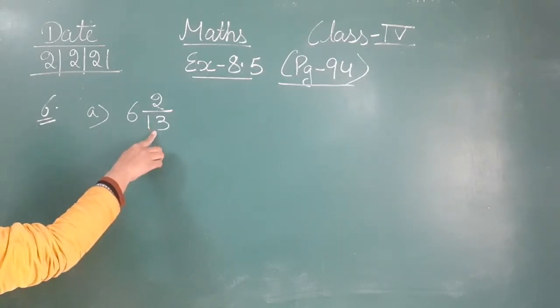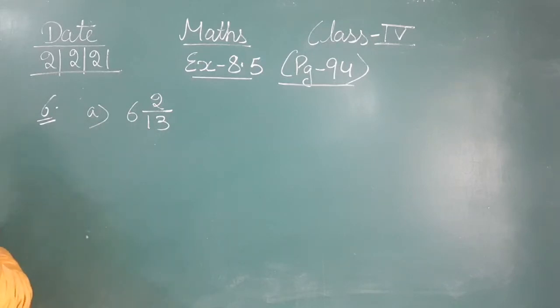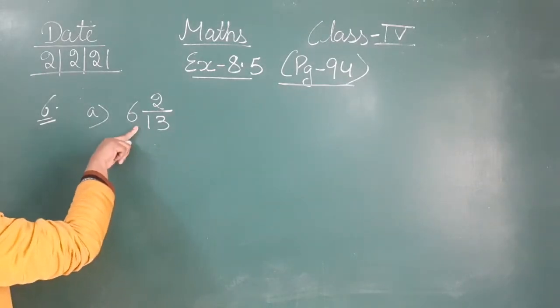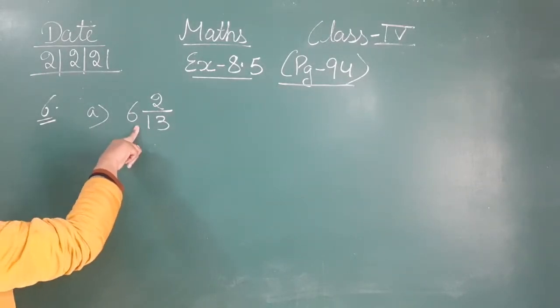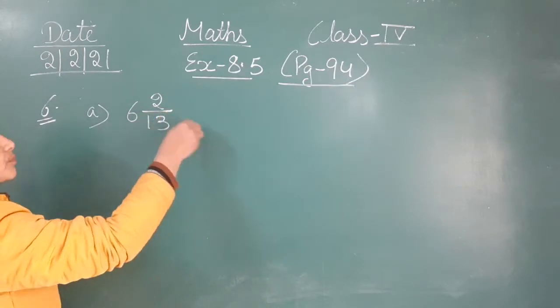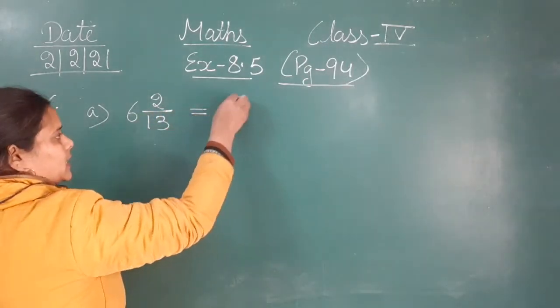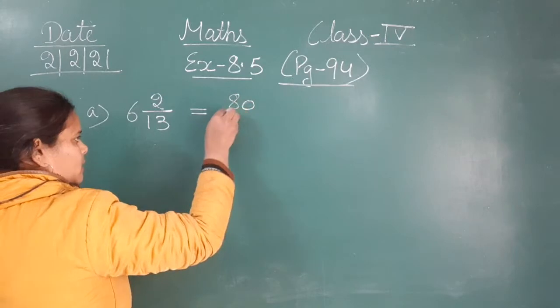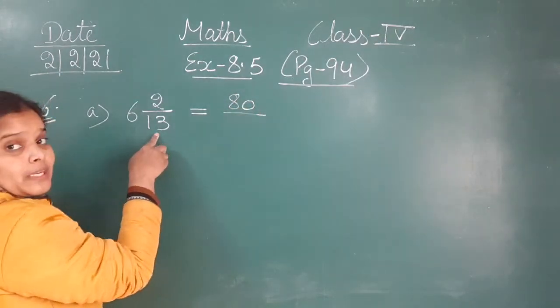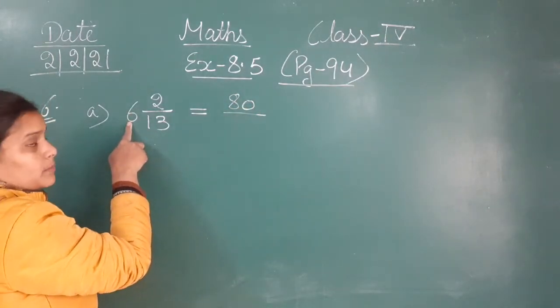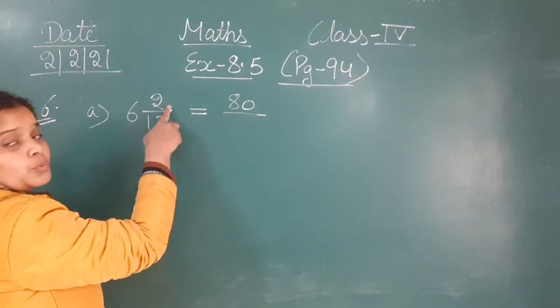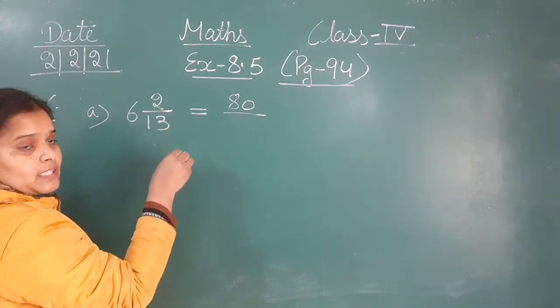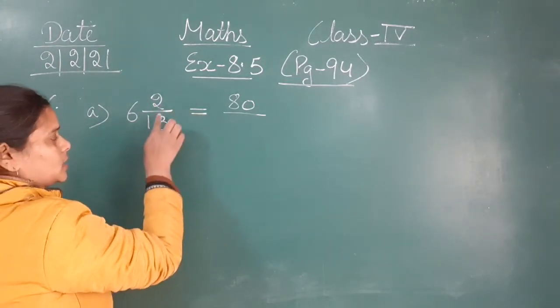For this we are going to multiply 13 with 6. 13 sixes are 78. 78 plus 2 is 80. Okay, so you have to multiply the denominator with the whole number 6, that will be 78, plus 2, 80.